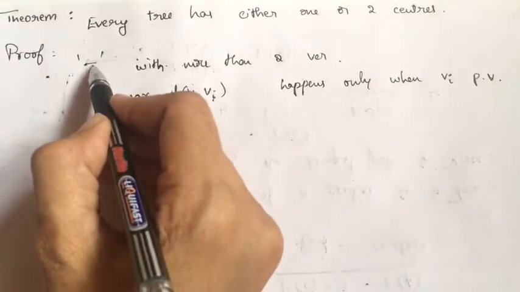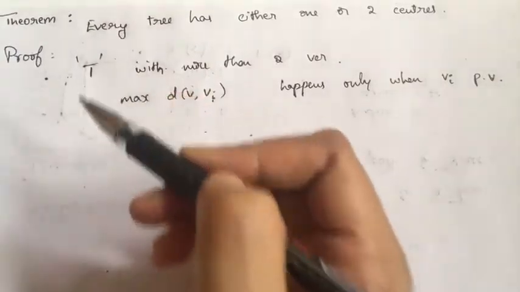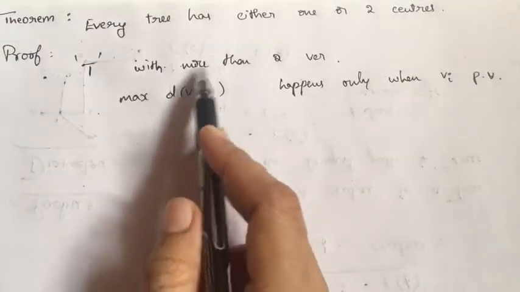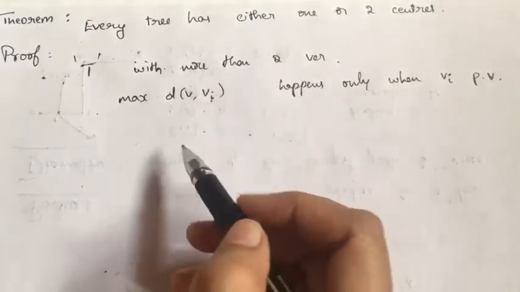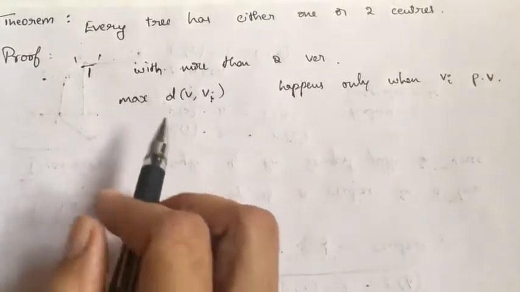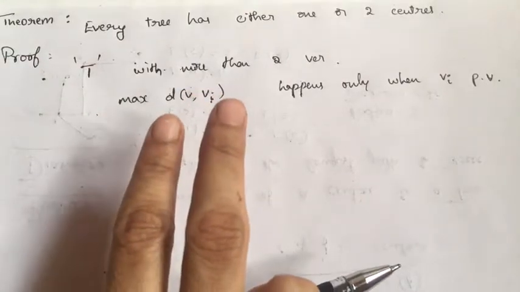So I'm taking a tree T with the number of vertices more than 2. Now we know a tree must have at least 2 pendant vertices.